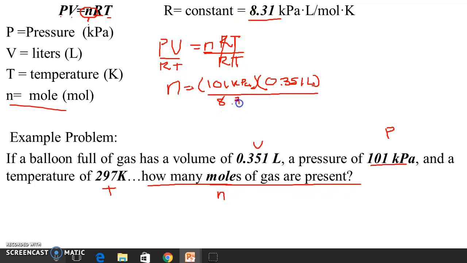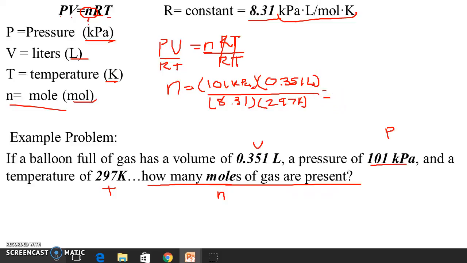It's always going to be 8.31, it's the constant. I'm not going to write out this big, huge unit. So 8.31, and T is 297 Kelvin. Again, it's really important that you have these in the correct units. They must be in kilopascals, liters, Kelvin, and moles. So keep that in mind.